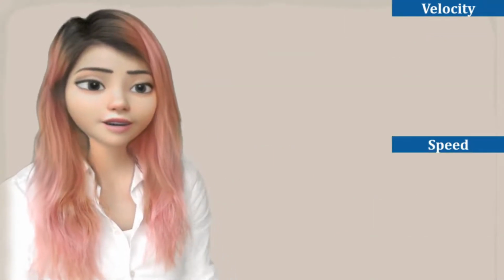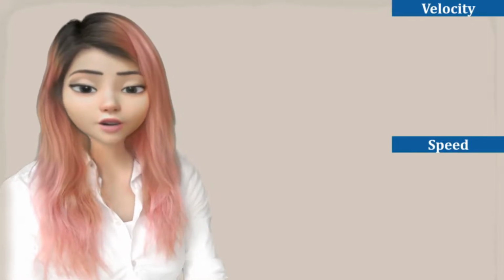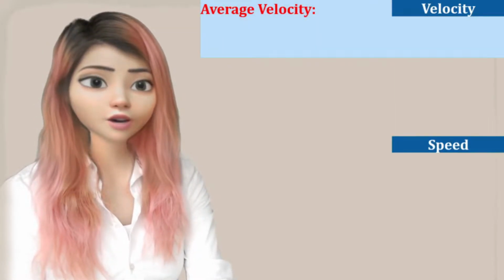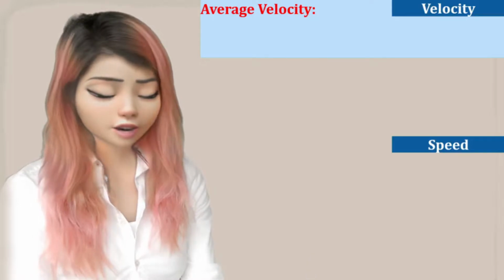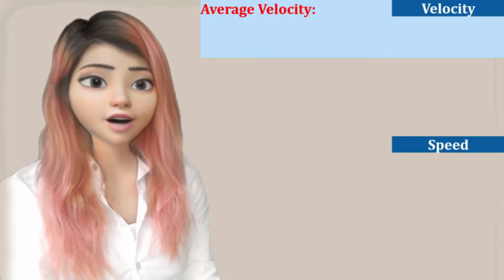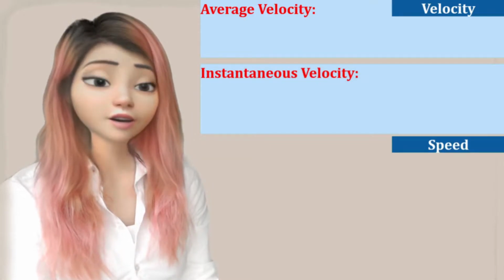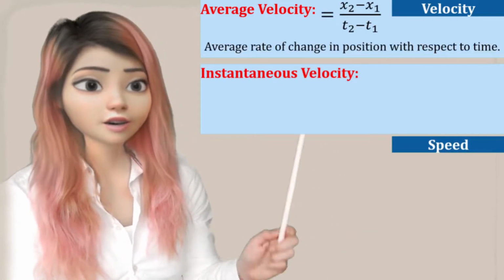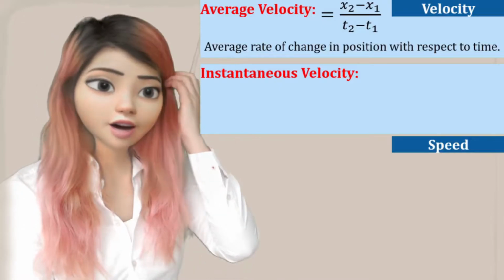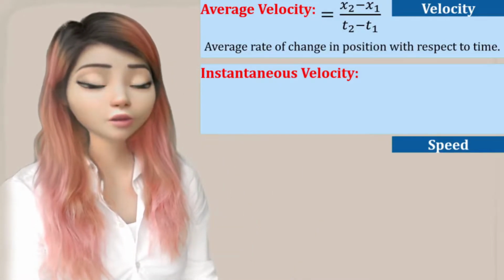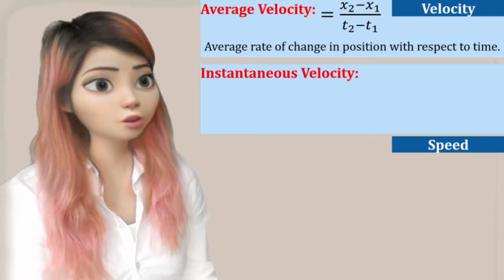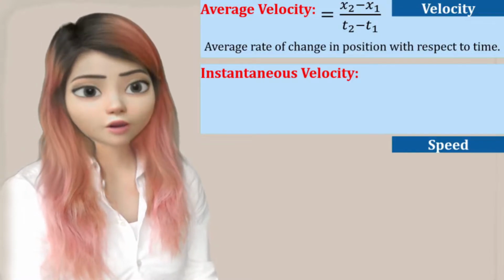So velocity and speed. Firstly, we're going to look at velocity, and we're going to look for the average velocity as well as the instantaneous velocity. Now the average velocity is when there's 2 points and you're looking at the average rate of change in position with respect to time. So x2 minus x1 over t2 minus t1.